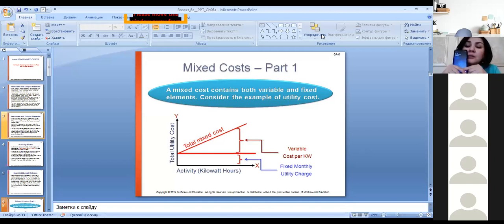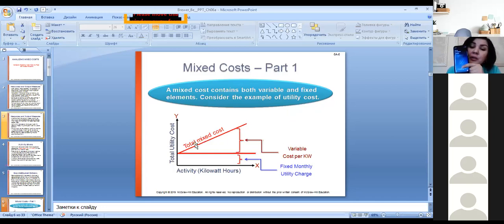So you probably have to pay a fixed monthly charge, let's say $10. This is for the plan, right? And if you use more minutes than in the plan, these extra minutes will be charged at a different rate.